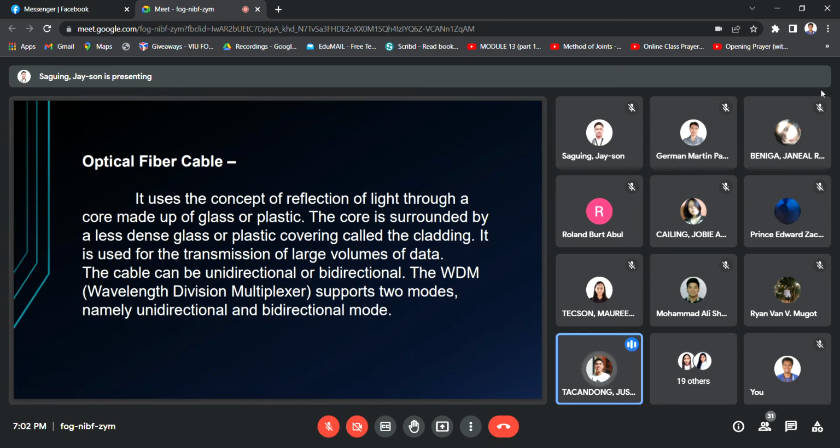It is used for transmission of large volumes of data. The cable can be unidirectional or bidirectional. The WDM, or wavelength division multiplexer, supports two modes, namely the unidirectional and bidirectional mode.